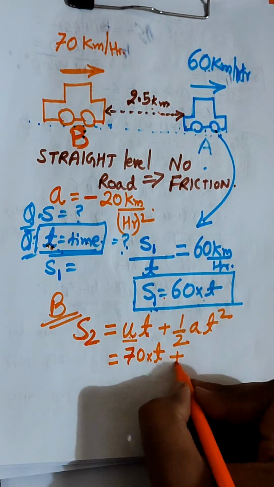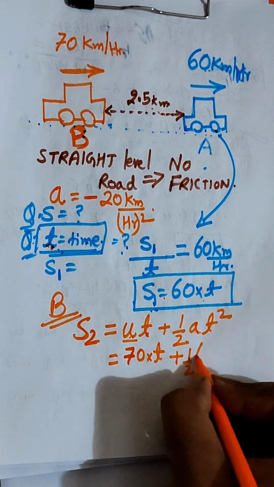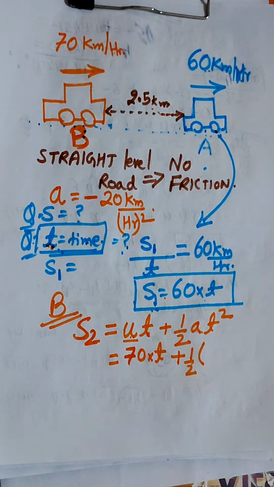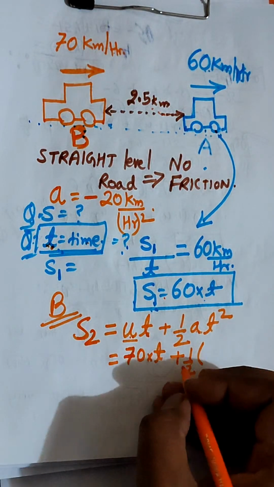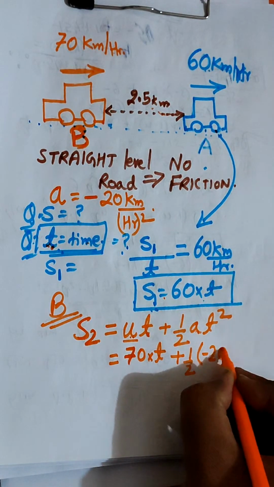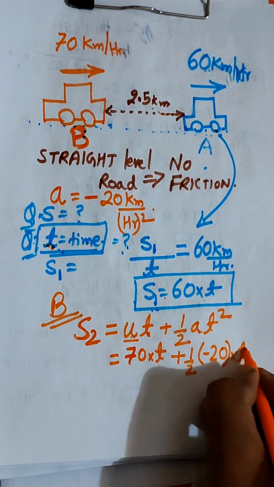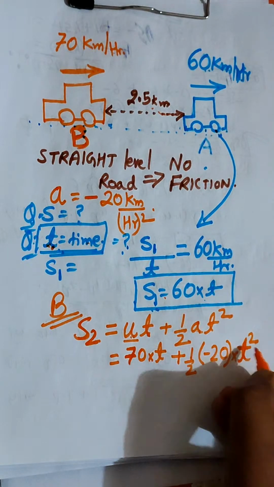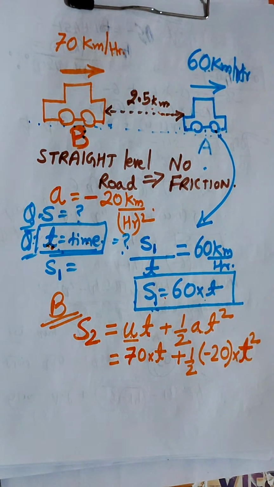Plus half the value of a, which is given to you as minus 20 km per hour. So this will be minus 20 into t square, because t is still a variable which we need to calculate, and that is equal to s2.